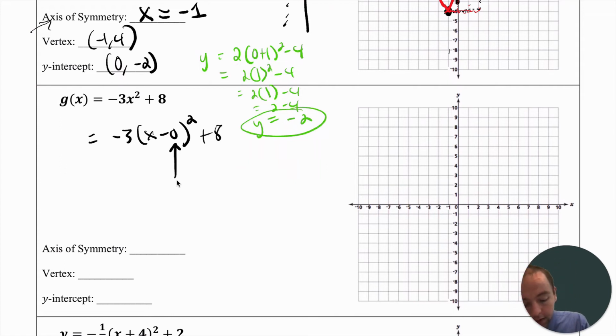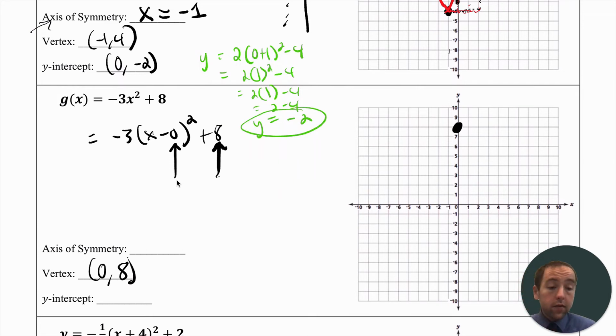What that tells you is these two numbers are the horizontal and vertical translation. The 0 means you're not going to move left or right. But this 8 that's outside, that's added, is going to be your vertical translation. So you're going to move up 8. Ultimately, your vertex is going to be at 0, 8, because you're not going to shift left or right, but you are going to move up 8 units.